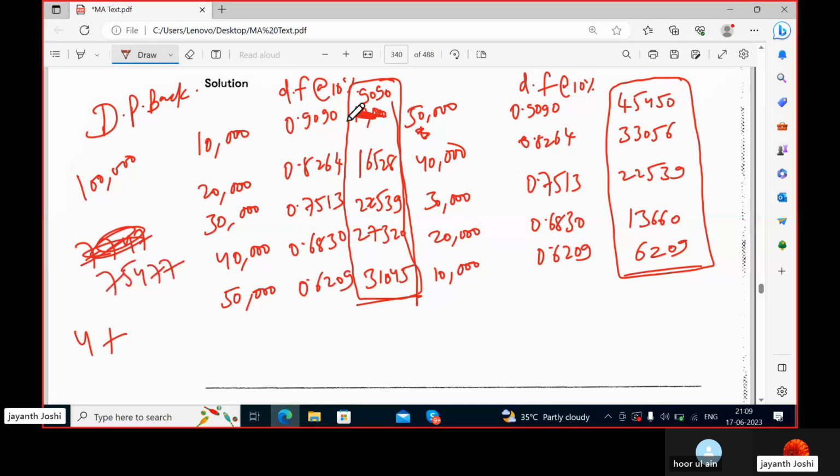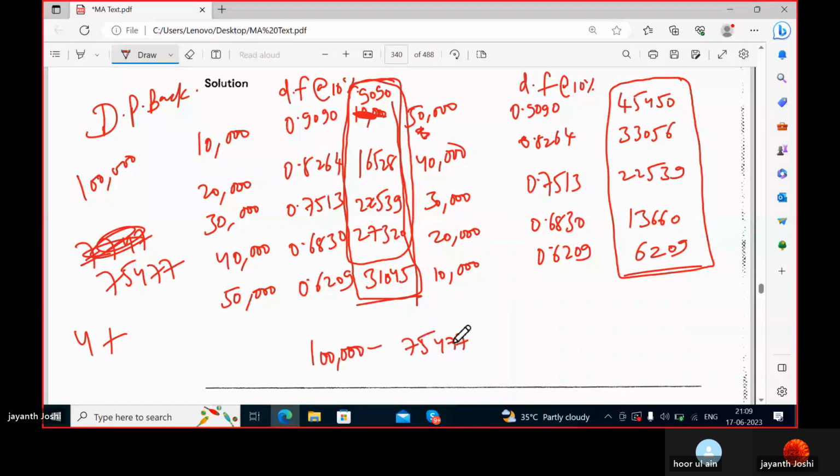But we want 100,000. So the balance amount is 100,000 minus 75,477. This balance amount will be recovered between the fourth and fifth year. That is 24,523, out of the 31,045.